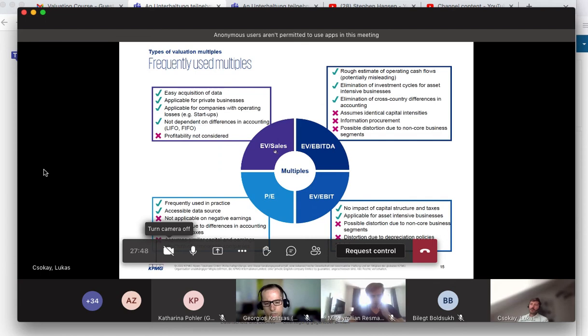EV sales multiple is easy. Data is really easy to acquire, so that's really a pro and often used for startups, as mentioned before. And on the other hand, you don't really consider profitability, so it's really a big con for EV sales multiples, and that's basically the advantage of EV EBITDA or EV EBIT multiples, that you really account for profitability.